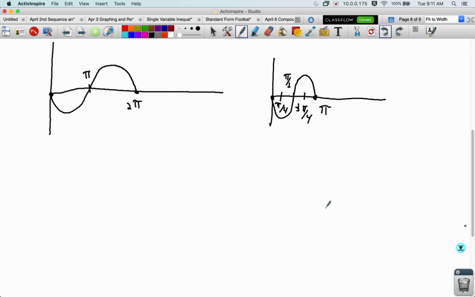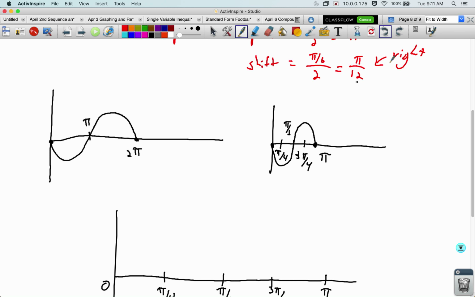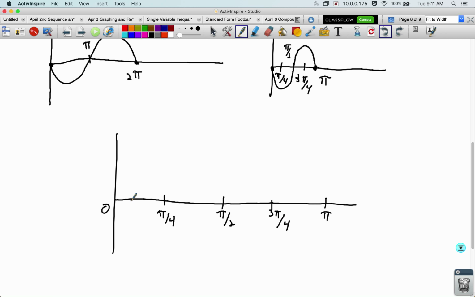I think we can graph this now. It's not going to look amazing. But I want to keep my key points at 0, pi over 4, pi over 2, 3 pi over 4, and pi. And then I want to move everything, all of these features, to the right a third of a key point. So right about there.